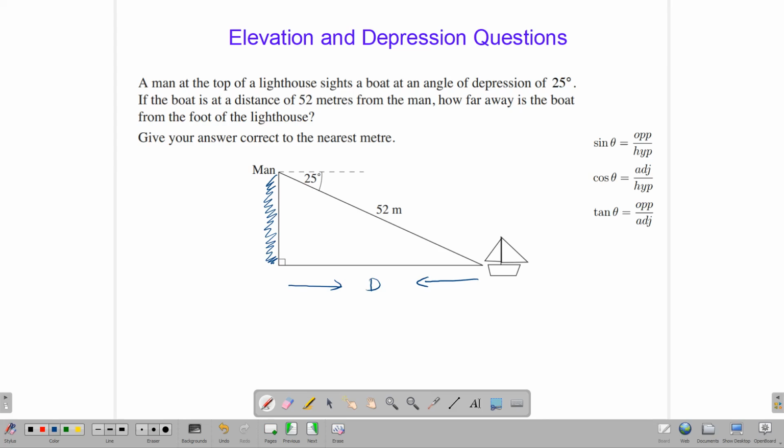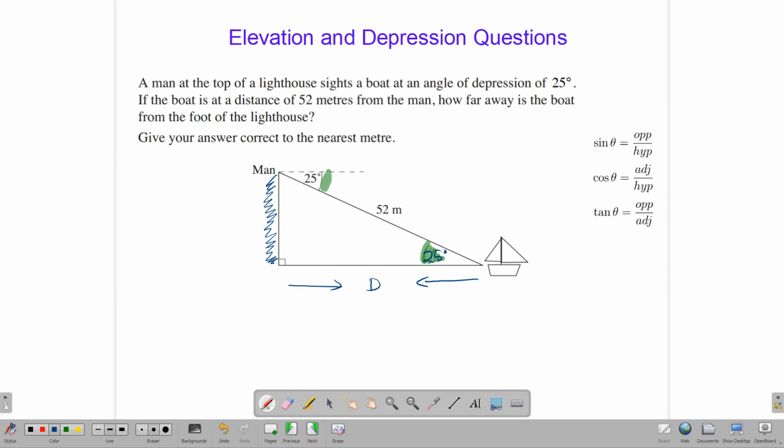So we want this side here. Now, as we discussed earlier, these two angles are alternate to each other. And so this depression angle of 25 degrees, we can actually write it here as an angle of elevation. It becomes 25 degrees just the same. They are equal to each other.